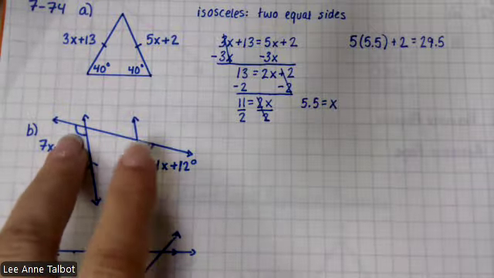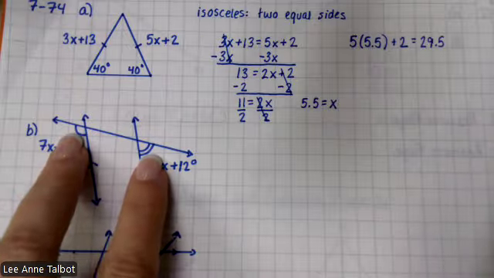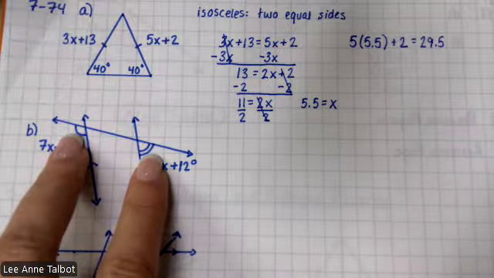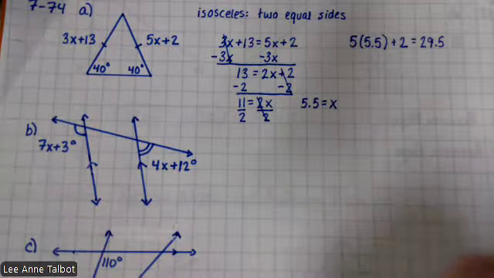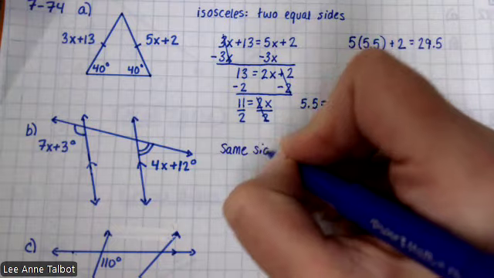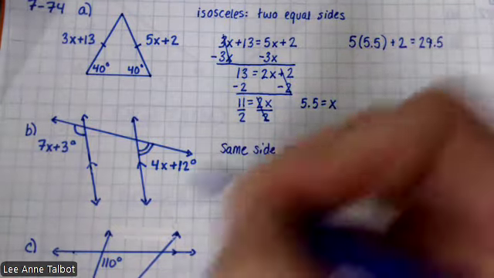So I want to know. Nope, not. Oh, close. It's not alternate exterior. It's same side exterior. These are called same side. You got yourselves there though. Like you're doing it. It was happening.